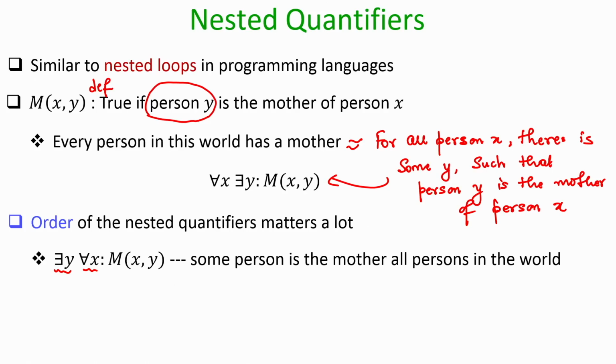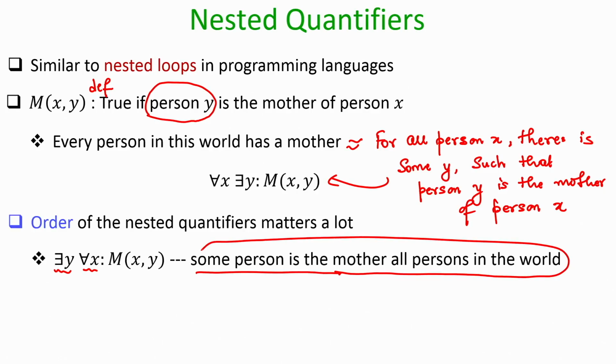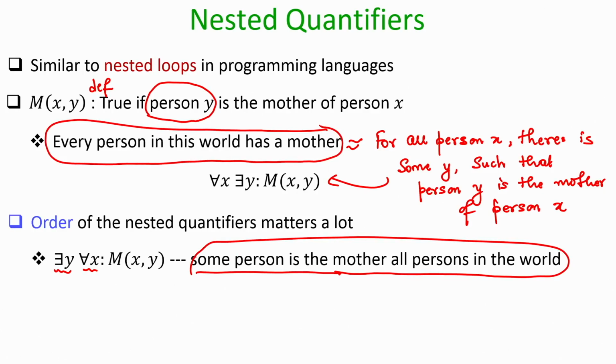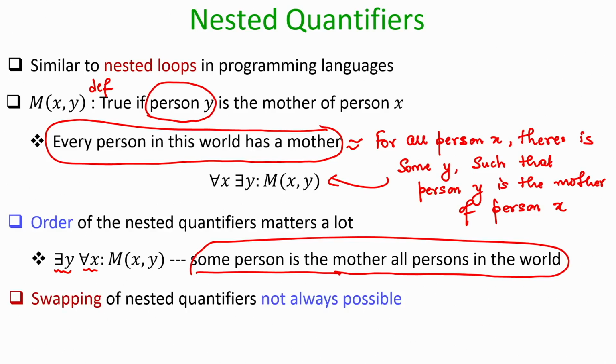That is not what we want. Some person being the mother of all persons in the world, and every person in this world having a mother, are two different logical statements, and hence they are represented by two different nested quantifications. So, swapping of quantifiers is not always possible.